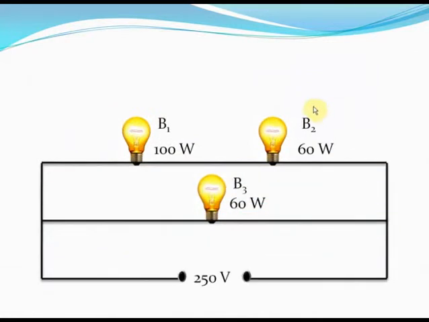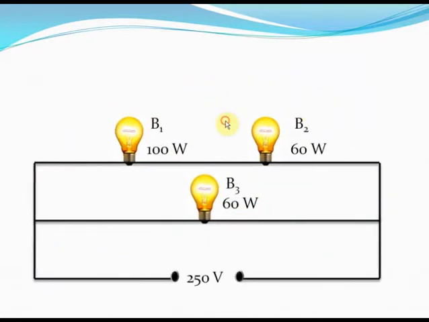Now let's assume that the standard voltage at which these wattages are mentioned is V. Let's assume that the resistance of bulb B1 is R1, of bulb B2 is R2 and of bulb B3 is R3. In that case we can say that 100 is V square by R1, where V is the standard voltage across which the bulb consumes 100 watts.